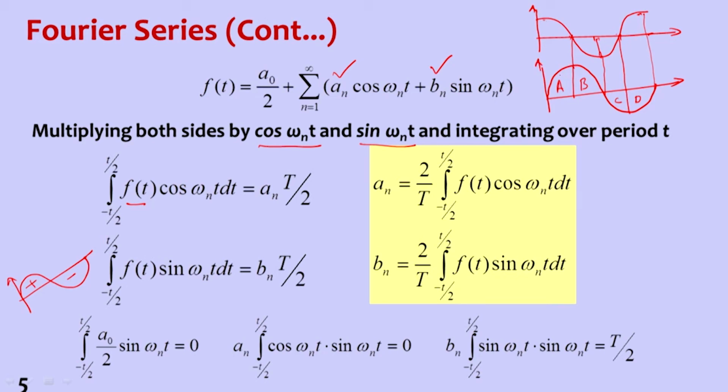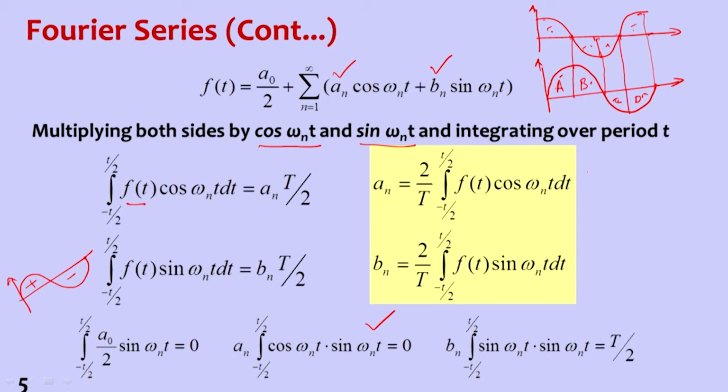This is positive and this is positive, so both will become positive. This is positive and this is negative, so negative. This is negative and this is negative, so it will become positive. This is negative and this is positive, so it will become negative. If we add up this multiplied by this, and so on, we will get 0.